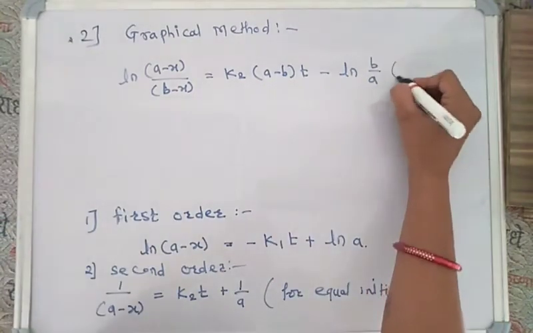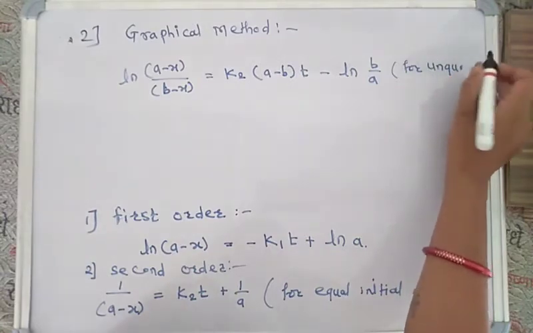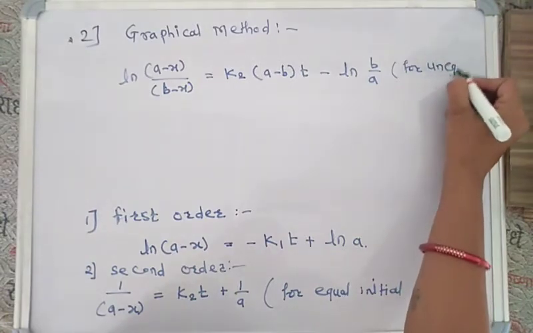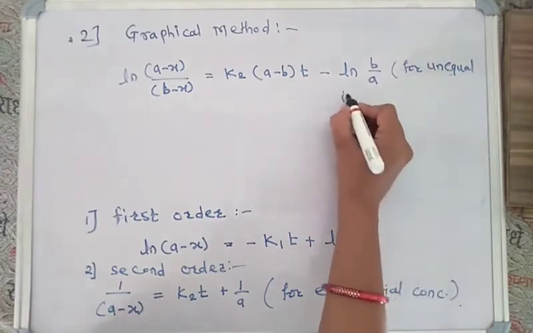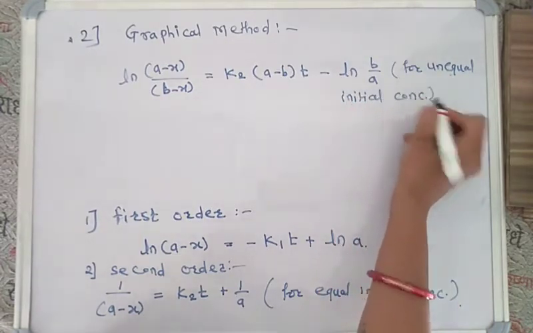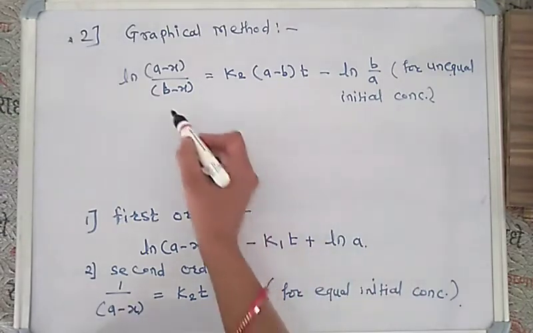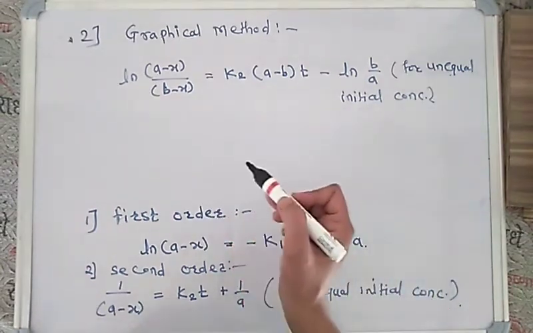This equation is for unequal initial concentrations. So in second order there are two integrated rate law equations, for equal and for unequal initial concentrations.